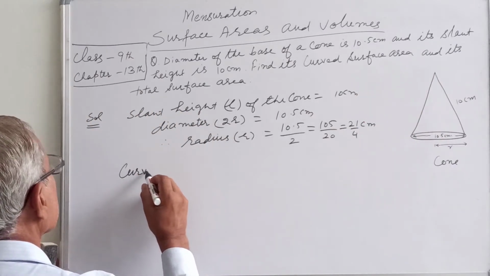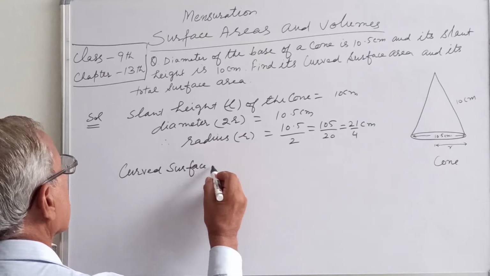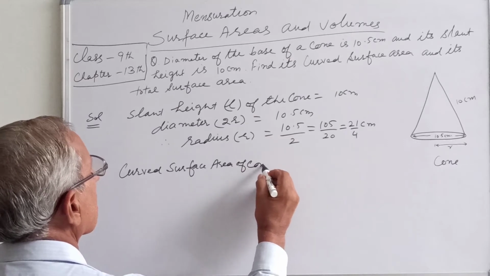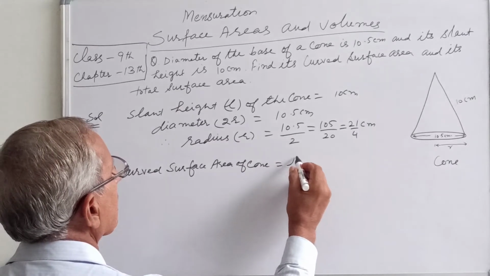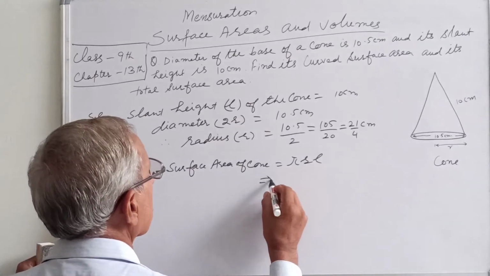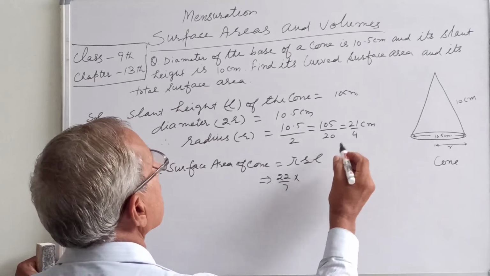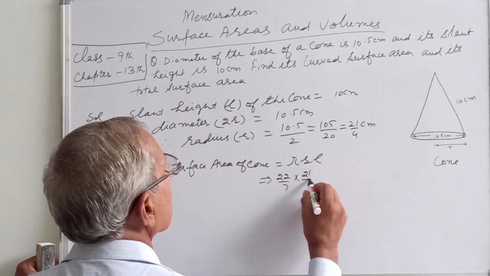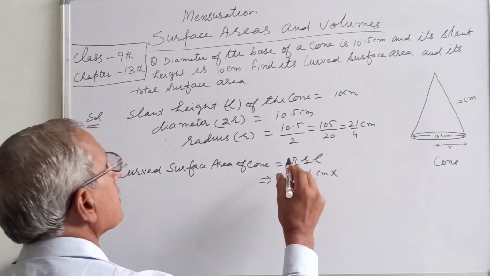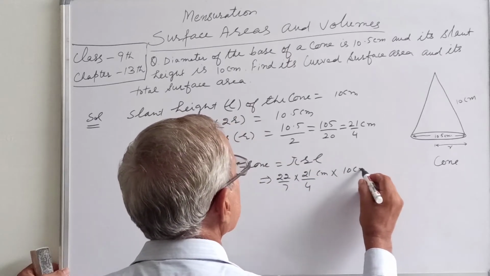Curved surface area of cone is equal to pi r L. 22 upon 7, r is 21 upon 4 centimeter, and the slant height is 10 centimeter.